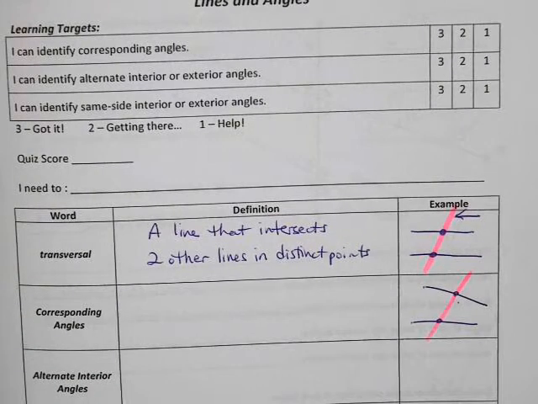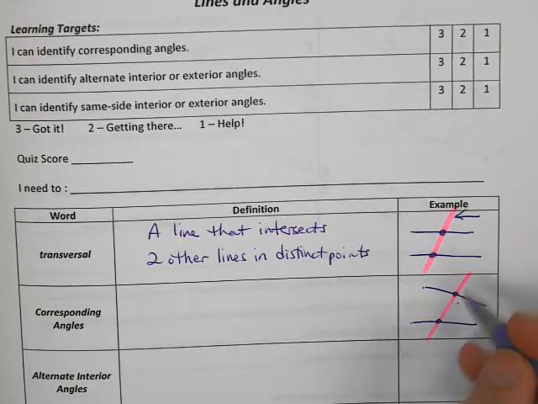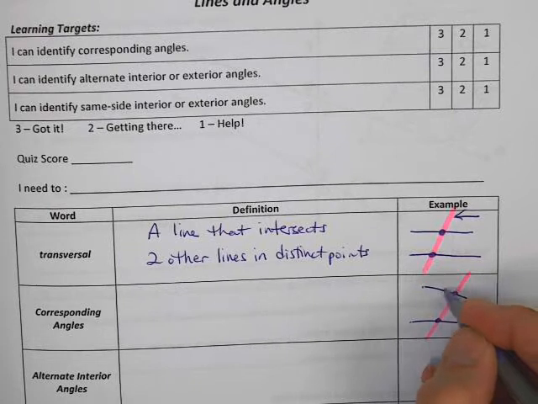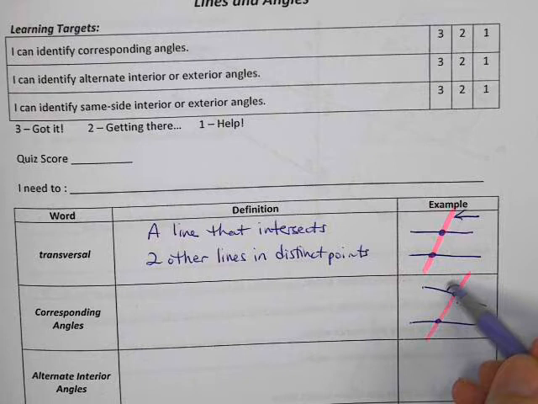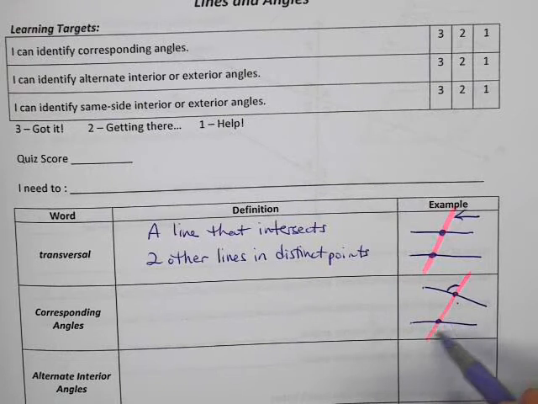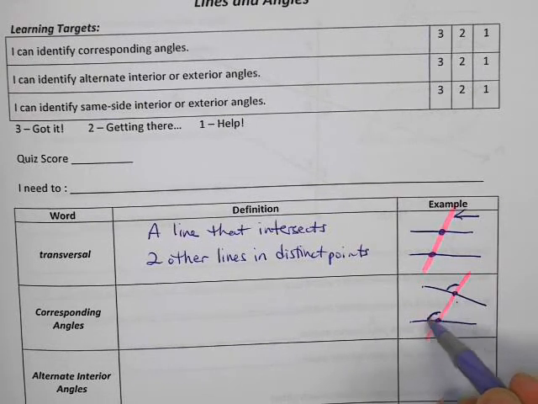Corresponding angles are angles that lie in the same position, in corresponding positions, thus the name. So for example, if I were to choose this angle up here, I would say that in this point with these intersections, that's sort of the top left corner. So if I come down here, I'd want to find the top left corner. That would be this position right here.